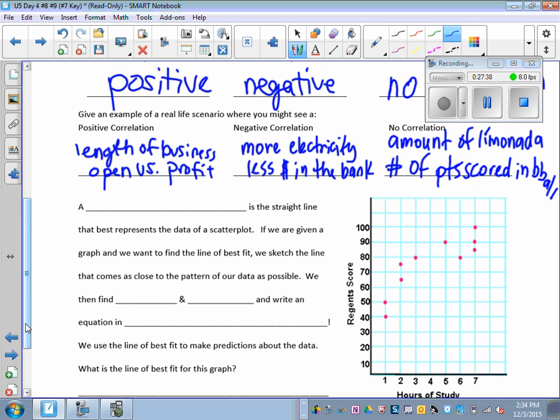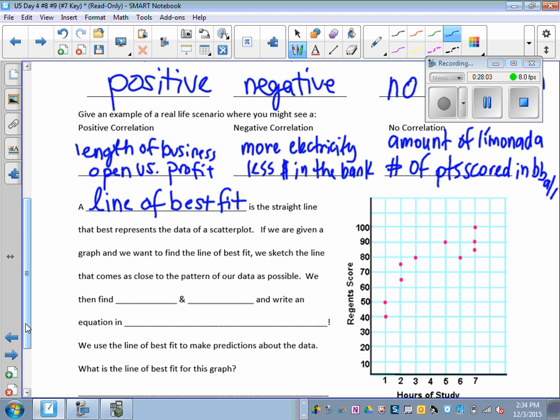All right, so let's move a little bit quicker through this part here. When we have our scatter plot, we can draw what is called a line of best fit. The line of best fit is simply a straight line we draw going through our scatter plot that most closely mimics the relationship.